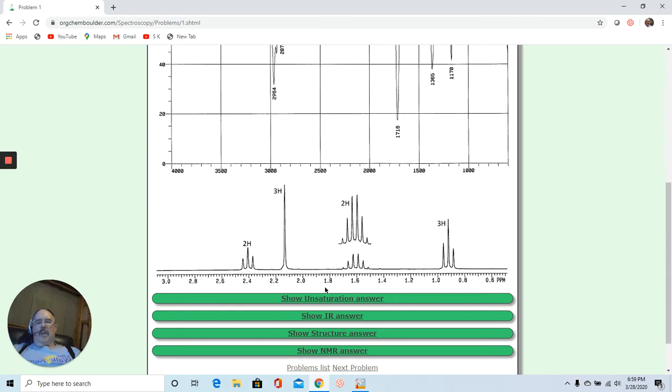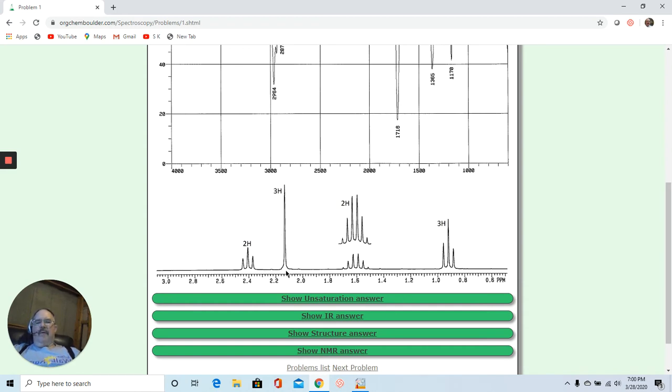Okay, in the proton NMR, we look at mainly three things. The first is the chemical shift, the position along the x-axis, which tells us about the chemical environment. These peaks here between 2 and 2.5 would be hydrogens on carbons next to the carbonyl, in other words, alpha hydrogens.